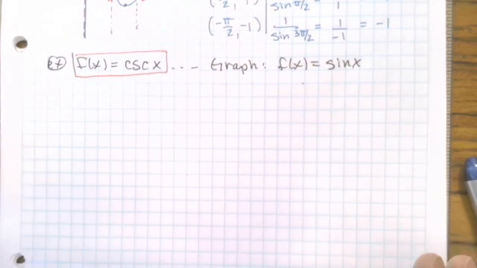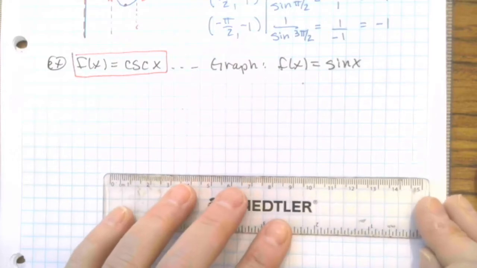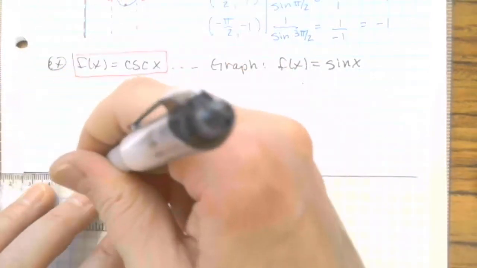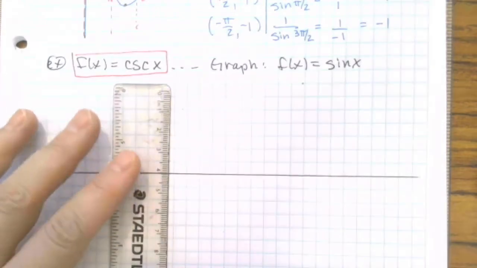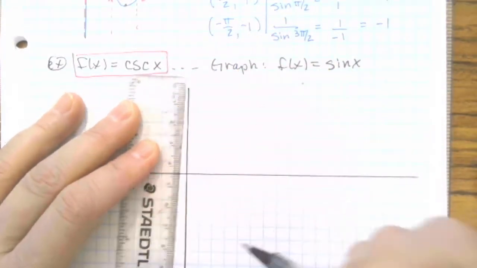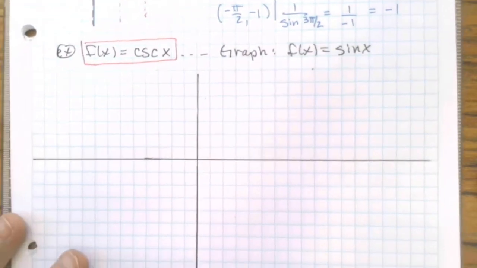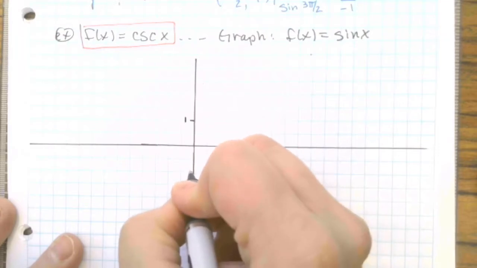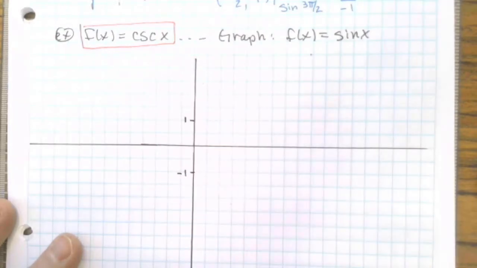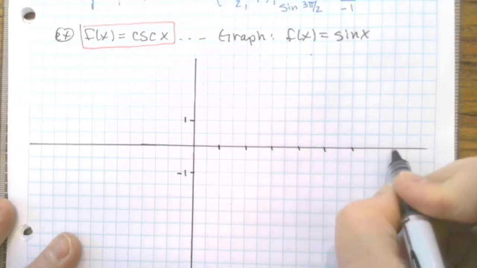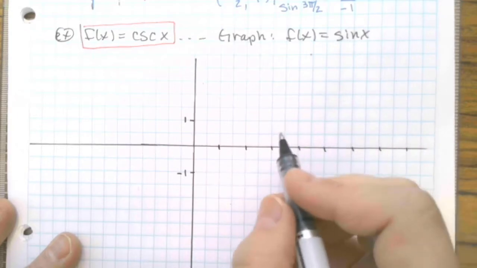Let's draw ourselves a nice long axis, and I'm going to push the y-axis over a little bit. First thing we're going to do is draw a sine graph. I'm going to put a 1 and a negative 1. There's our max and our min. I go every other value so we have a nice smooth curve that we can label.